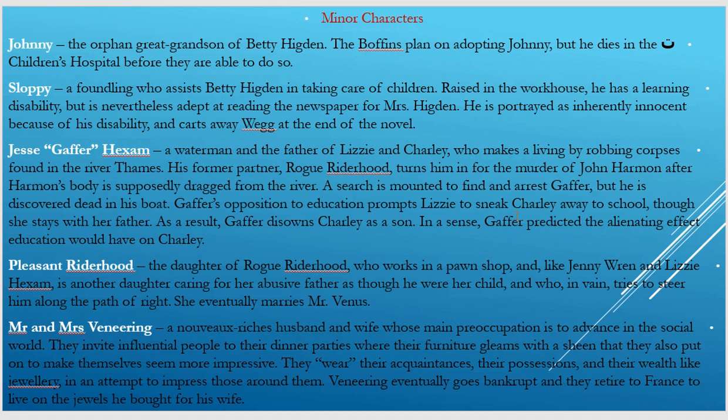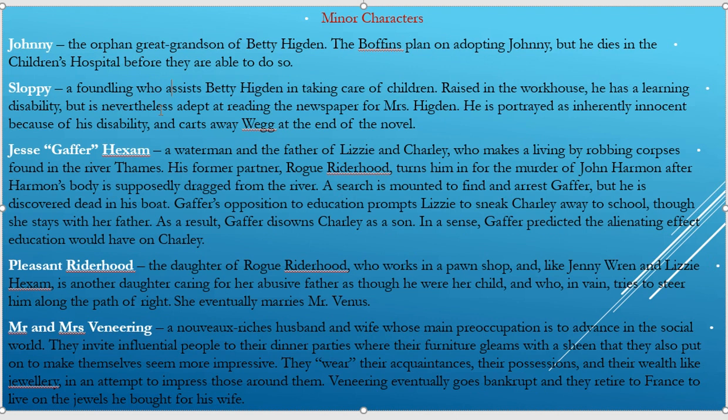Later, we have Johnny, another minor character. He is an orphan who lived with the Boffins, but Johnny dies in the children's hospital before they are able to adopt him.